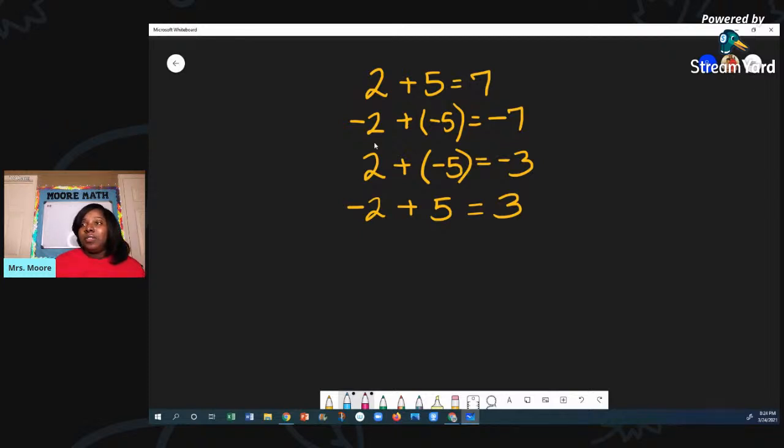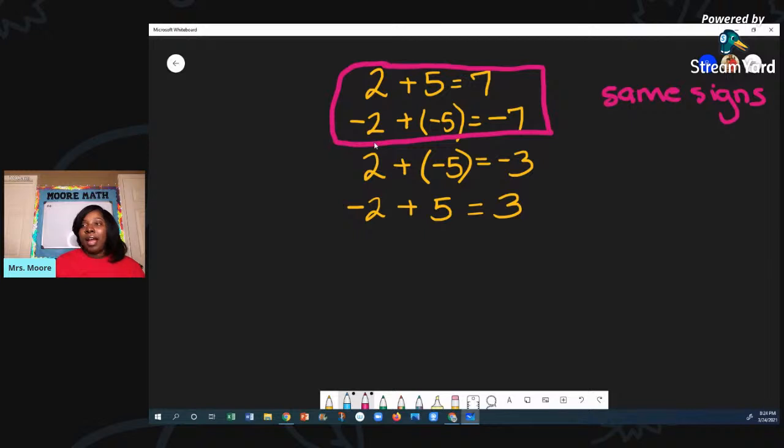Let's focus on this for right now because this is the easiest. Same signs. So when I have the same signs, 2 positives, 2 negatives, I just add them together and my sign stays the same. Same sign, add them together and keep the sign the same.